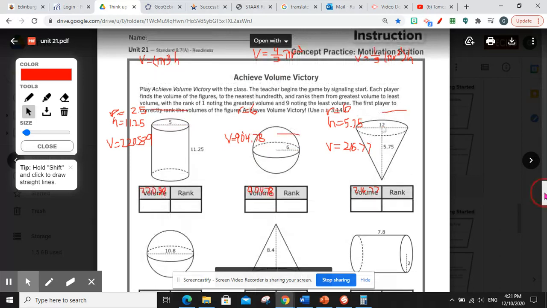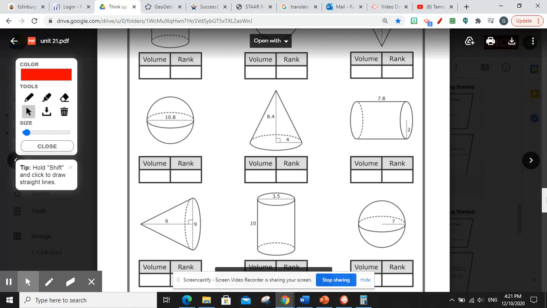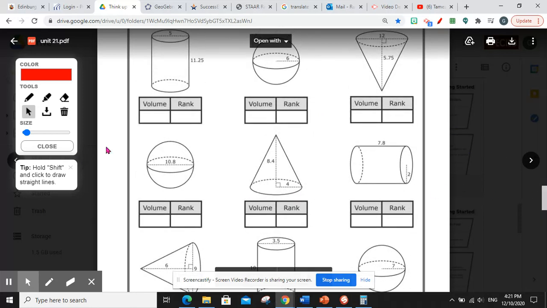Okay, let's go to the next three. Let me erase this. Okay, so here we have a sphere. Okay, I should identify it as a sphere. And I need to figure out my radius. Okay, because the formula I'm going to use is 4 over 3 pi r cubed, to the third power.